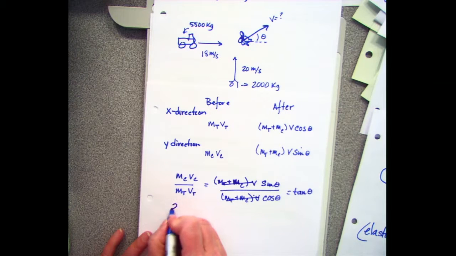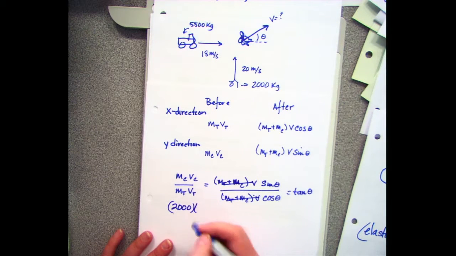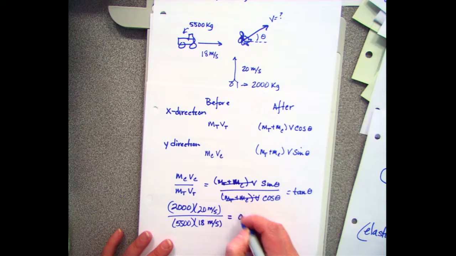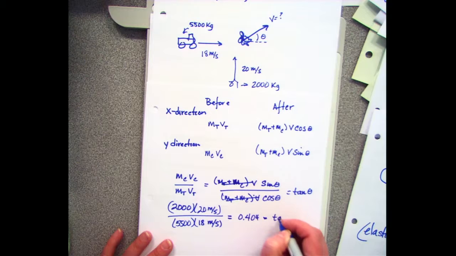So now I've got my car is 2,000 times my speed, which was 20 meters per second. My truck is 5,500, 18 meters per second. If I do that on the calculator, I end up with 0.404, which is equal to the tangent of the angle. My angle equals 22 degrees.